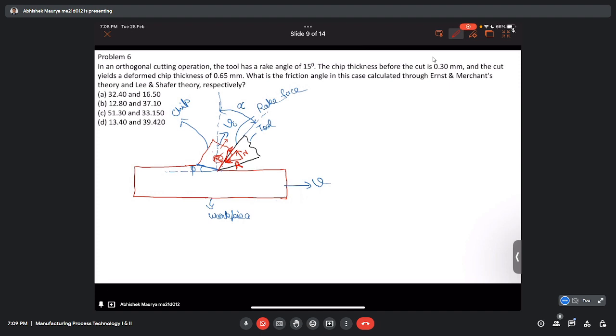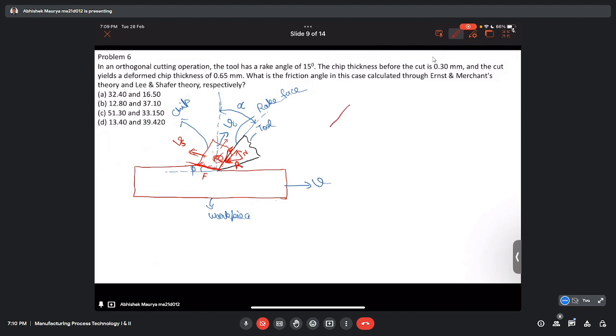Here our chip is getting sheared, or at this interface there is a shear motion happening, called V shear. Because of that shear, a frictional force arises. So there is another friction force arising on the chip.